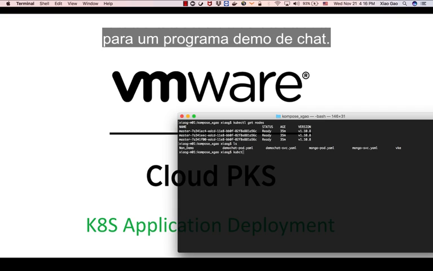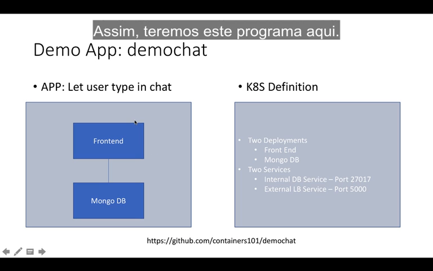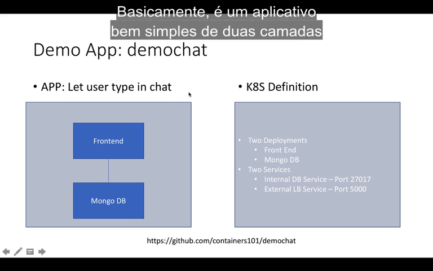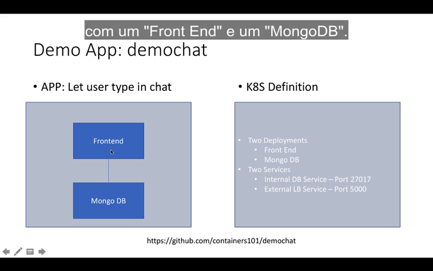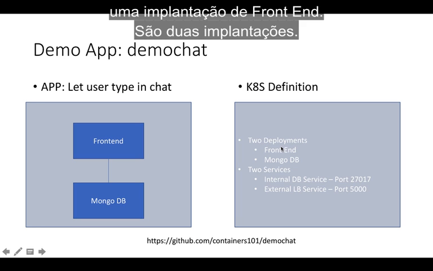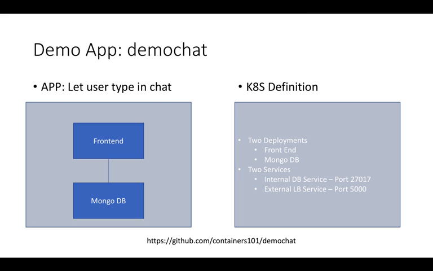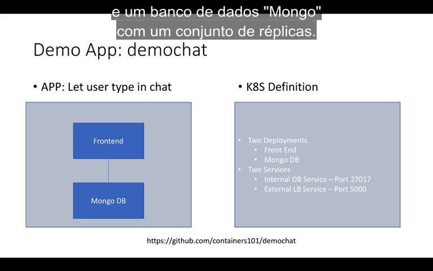So I have a demo chat program. It is a very simple two-tier application with a front end and a MongoDB. To support this application, you have two deployments: a Kubernetes deployment for the front end, and a Mongo database with one replica set.